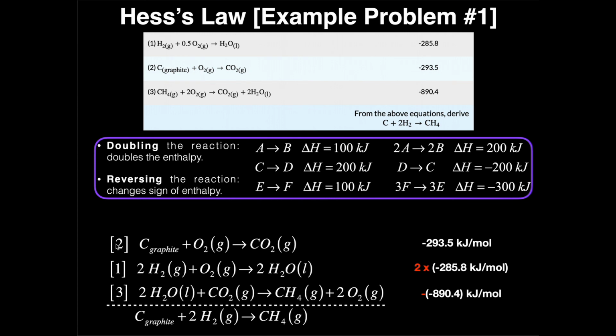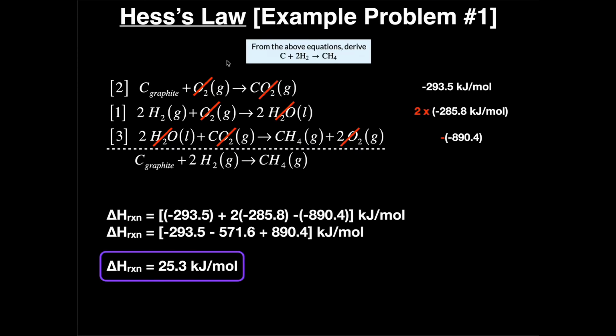And then kind of write the equations as you go like this with the associated delta H's, and then you can cancel them to make sure that you added things up correctly. Because when you cancel everything as appropriate, you should be left with simply the master equation. Then just take all the delta H's with their modifications, add them up, and you have a total delta H of reaction. So that is Hess's Law.